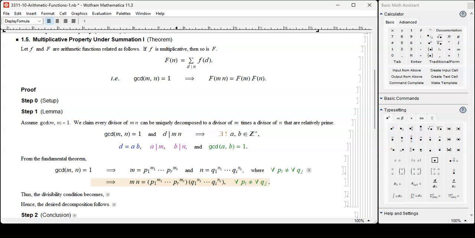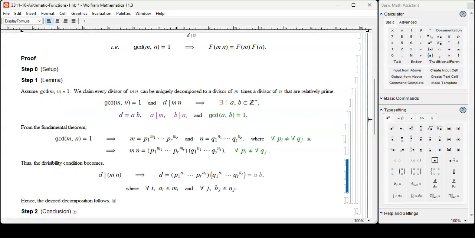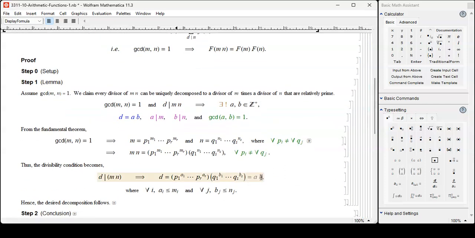Okay, and then let's use the divisibility. d divides m times n, let's use that. So d can be decomposed into a prime factorization as p to some powers and q to some powers, where all those powers of p should be less than the powers of p's for m, so that d divides m, and the same goes for q's.